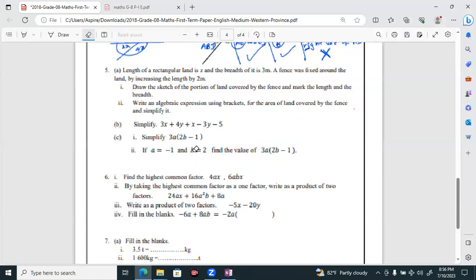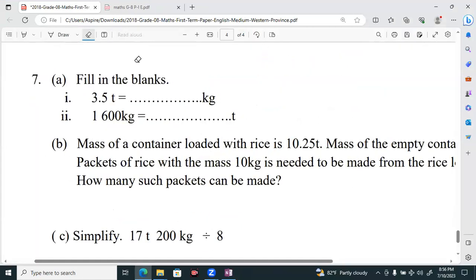Ton value converted to kilogram means it is multiplied by 1000. 3.5 multiplied by 1000, just forget about the decimal point, then it is 35,000, then separate for the 1 decimal place, 3,500 kilogram.